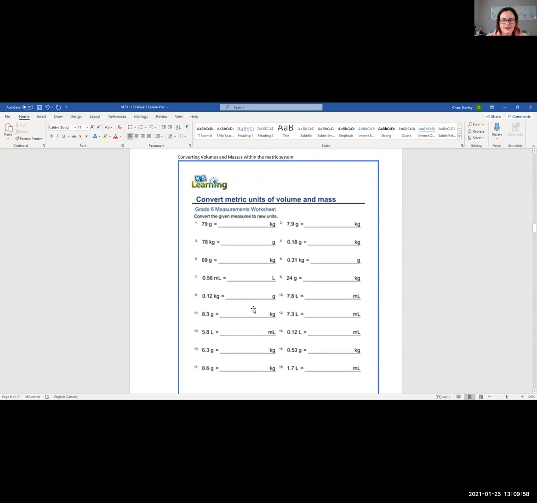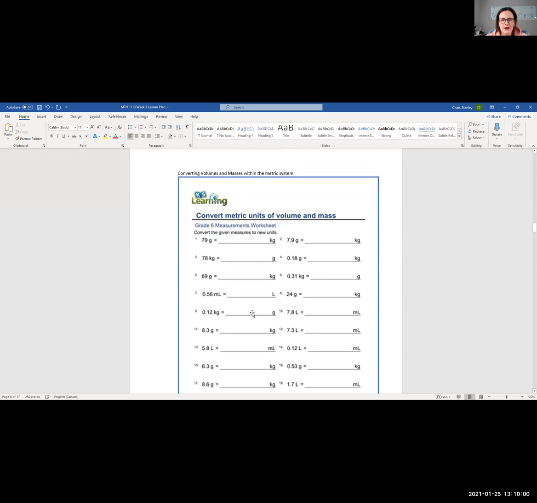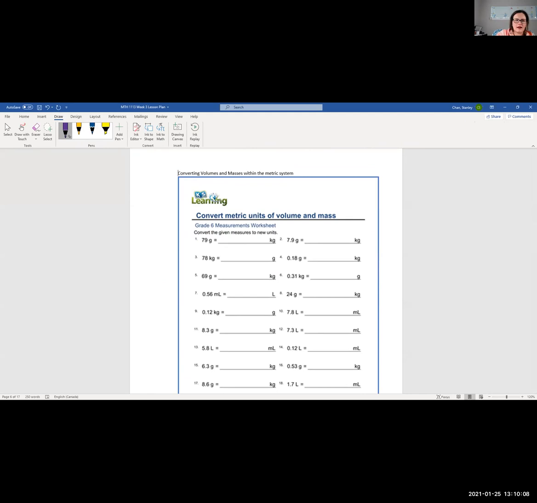Yeah, so we're going to be converting. This is all very basic, but I could actually change it up a little bit. Instead of saying this is 79 grams, what I would say is it's 79 micrograms, and then have several orders of magnitude conversions, or we could just stick to what's there.